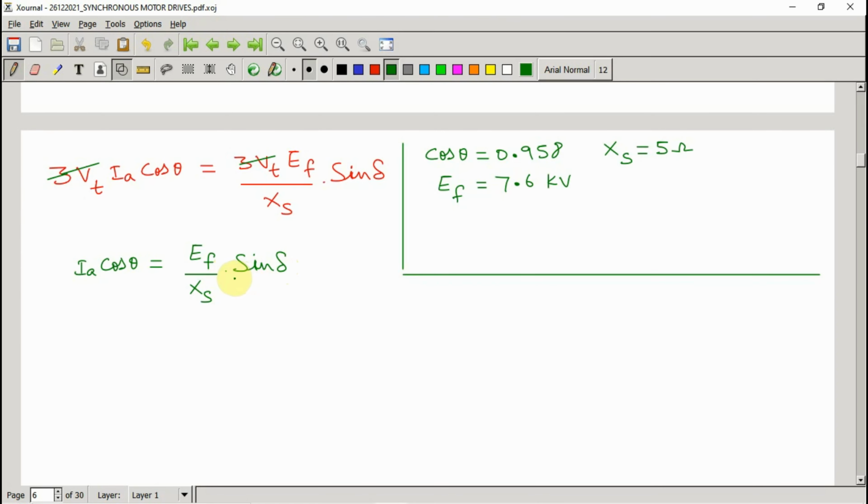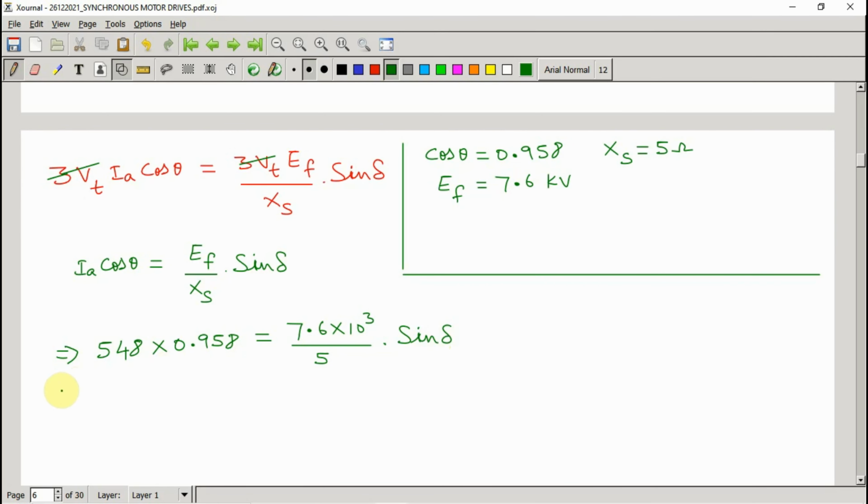We have already calculated EF. XS, the synchronous reactance, was provided in the problem. Ia we have computed to be 548 ampere. So 548 ampere, cos theta is 0.958, and EF is 7.6 into 10 to the power 3, this whole thing divided by 5, multiplied by sine delta.